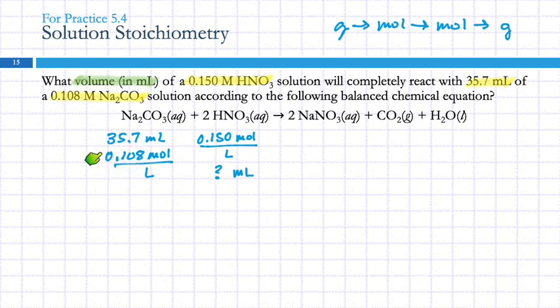So here, do they give me a mass? No, they don't. But they give me a volume and a molarity. So if I had the liters, I could convert that to moles. At the end, they're wanting us to give it in milliliters, but I can convert from moles to liters and then to milliliters.